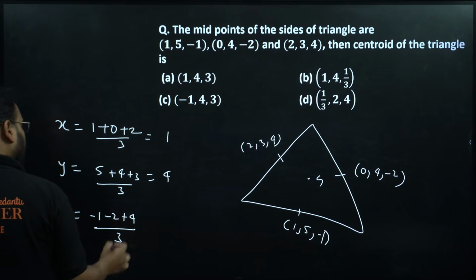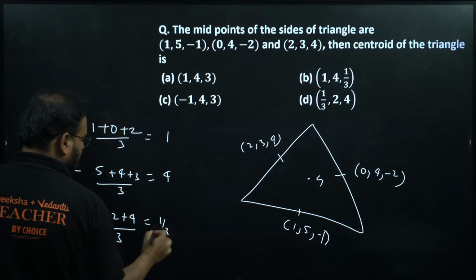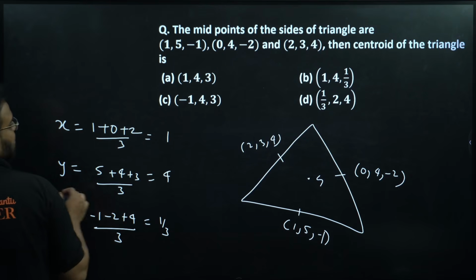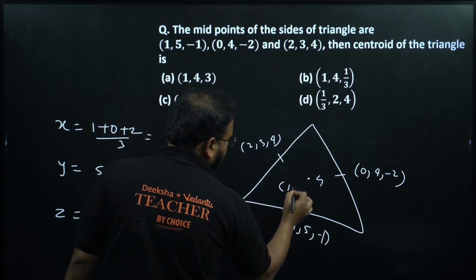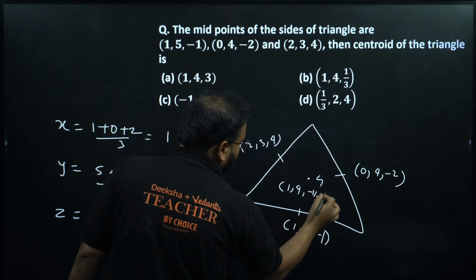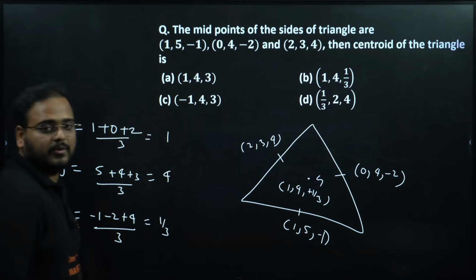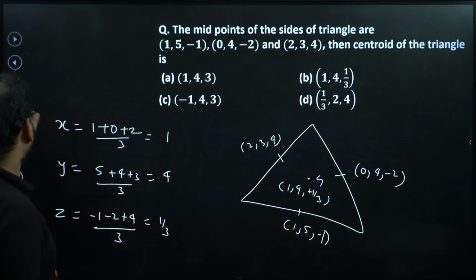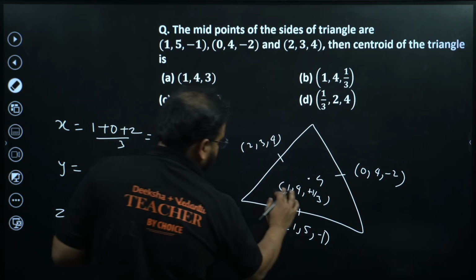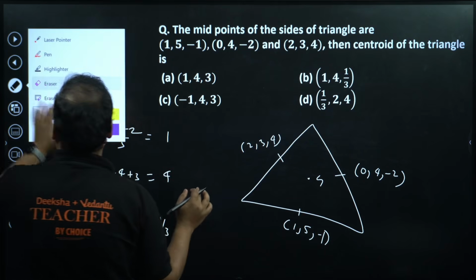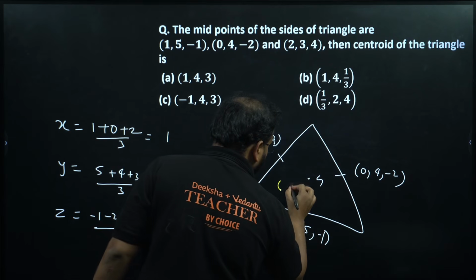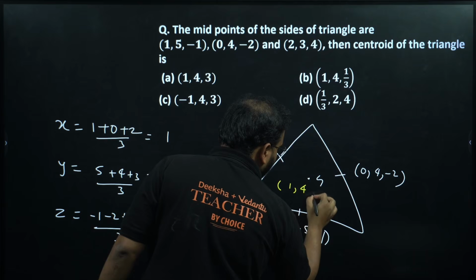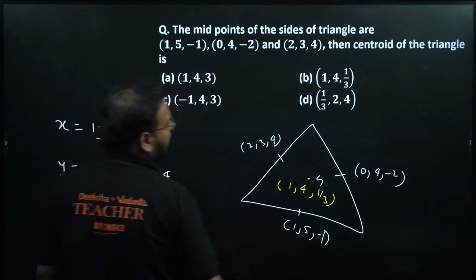That's 3 and minus 2, so it becomes 1 by 3. So my centroid G is coming as 1, 4, and 1 by 3. That's the point G coordinate.